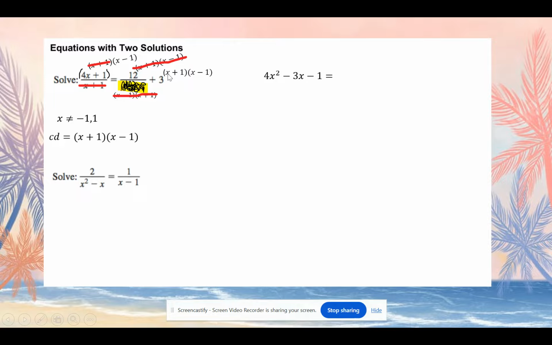You're going to have to FOIL these two parentheses together. So I'm going to go ahead and do that. This 12's just hanging around, but I'm going to leave the 3 alone for now. I'm going to take care of these two. I'm going to FOIL that out and get this. All right, and then you're going to go ahead and solve it.